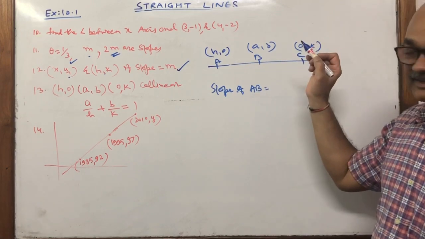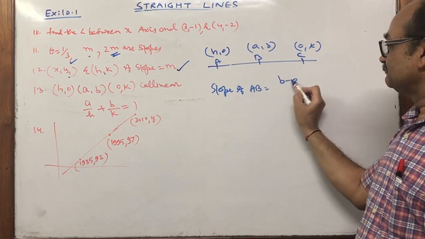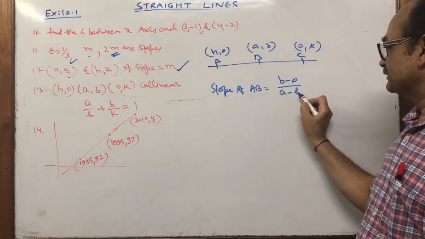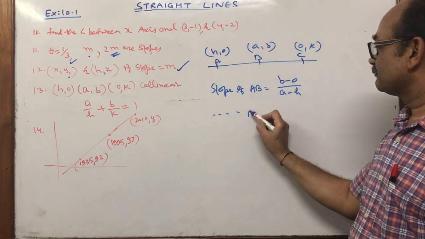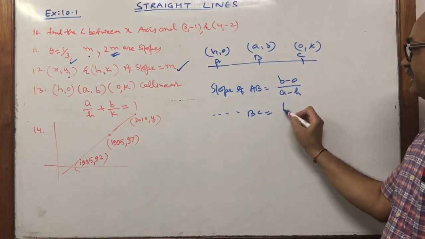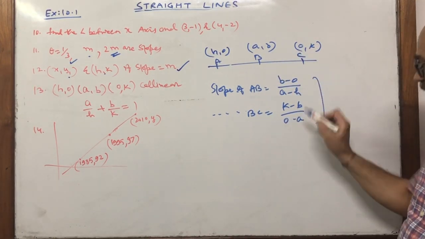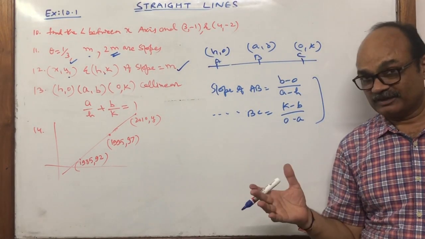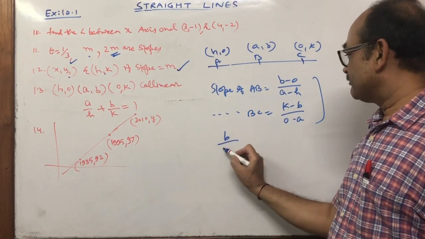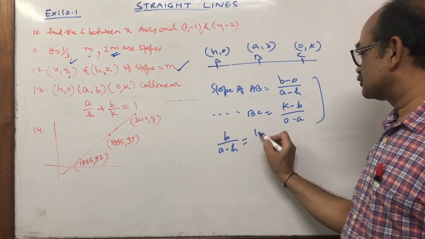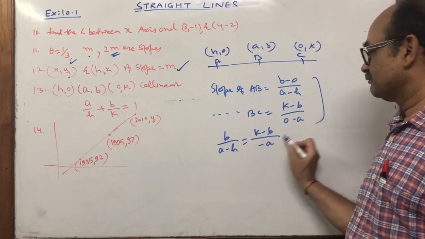Now you should remember. B minus 0 over A minus h, and slope of BC, k minus B over 0 minus A. Since points are collinear, their slopes are equal. Hence, B divided by A minus h equals k minus B divided by minus A.